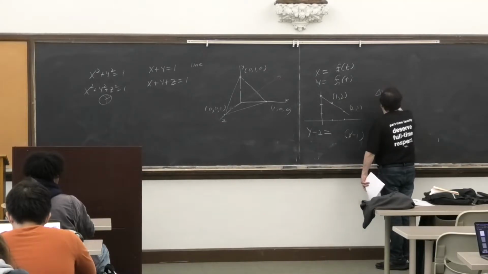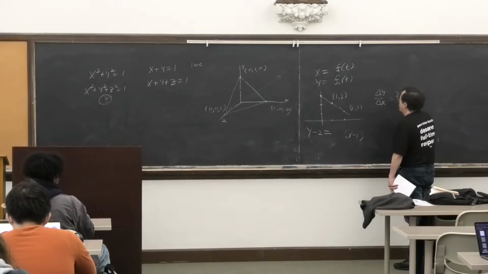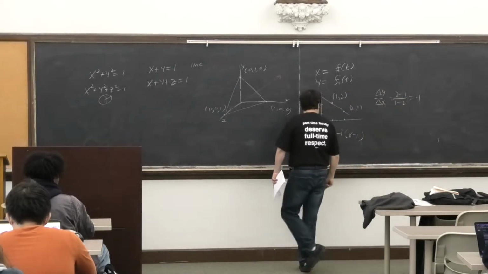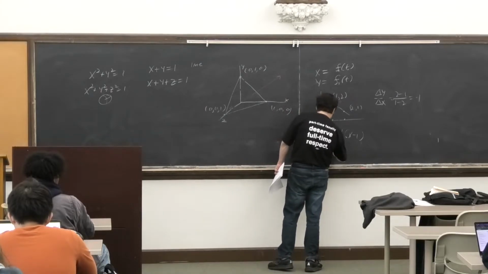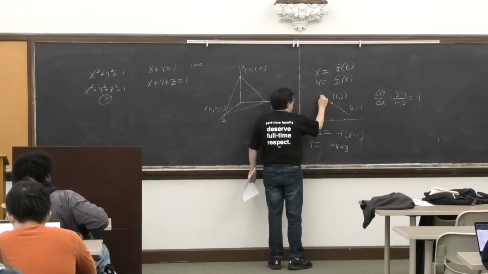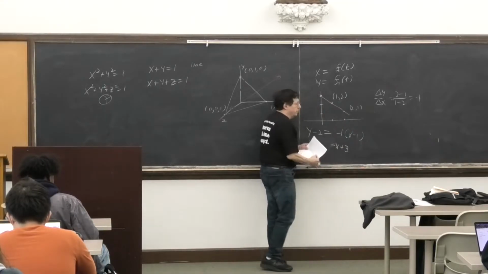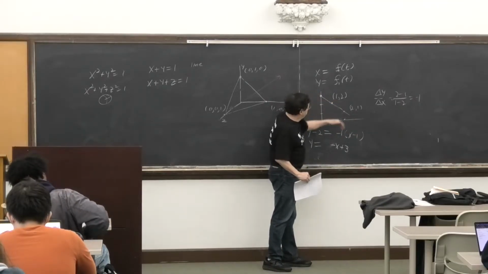Well, delta y over delta x would be 2 minus 1 over 1 minus 2 equals minus 1. All right, y equals negative x plus 3. So here we have the y-intercept, and of course, you can see this as a negative slope.